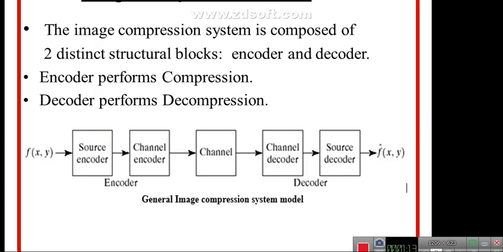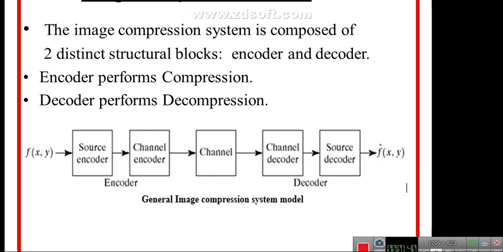This is the basic block of the image compression model. The image compression system is composed of two distinct structural blocks: one is the encoder and the other is the decoder. The encoder performs the compression process and the decoder performs the decompression process. The encoder consists of a source encoder and a channel encoder. The original image is encoded and then transmitted through the channel.